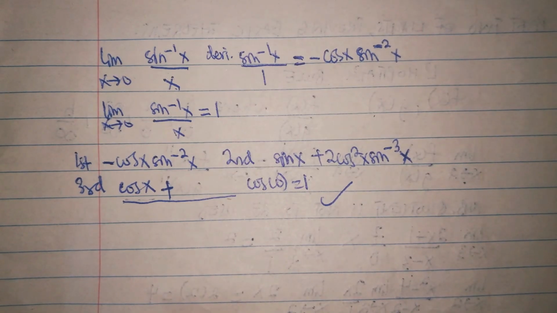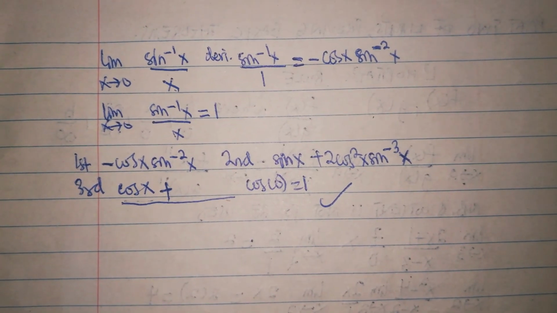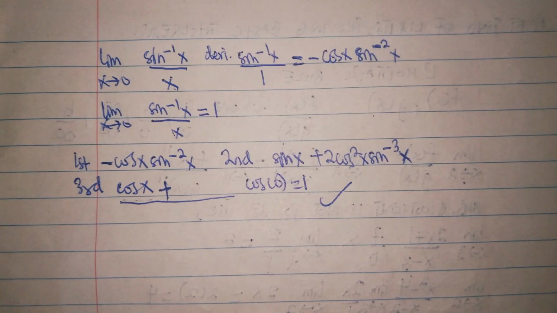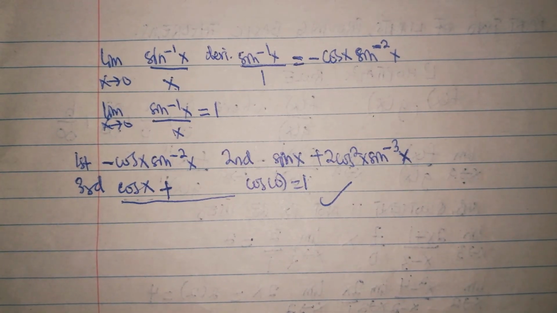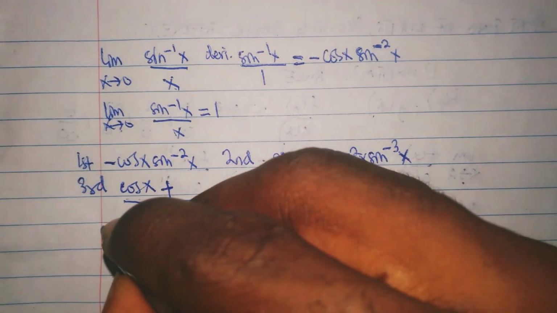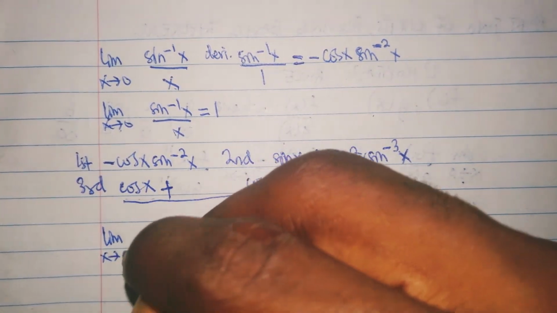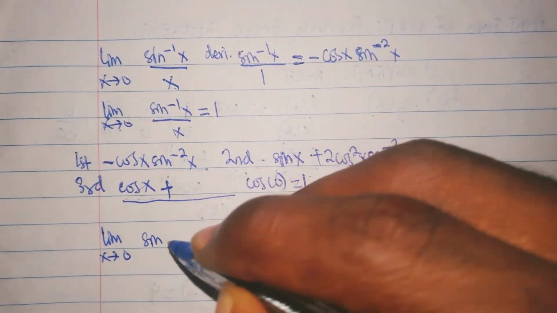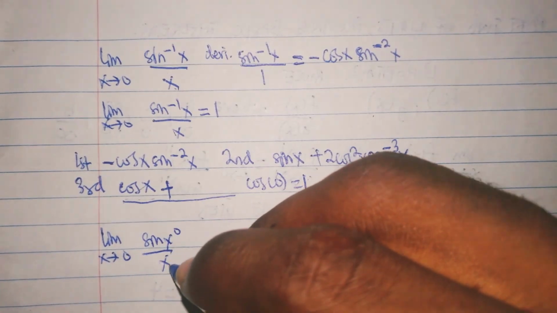Now let's take one last example. I'll give you a bonus example too. So let's take one last example. As I said, I'll give you a bonus example. Okay, so two examples, because I'm giving you a bonus example. So now we are saying that the limit as x approaches 0 of sine x degrees over x is equal to 1.